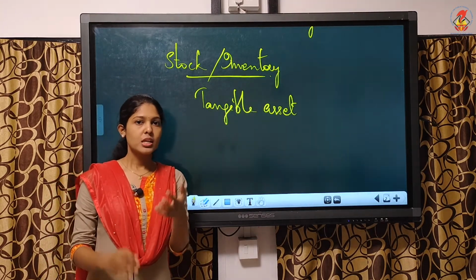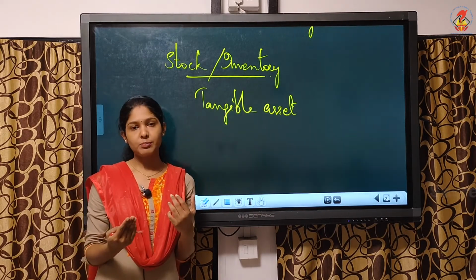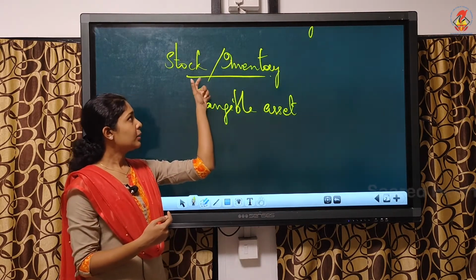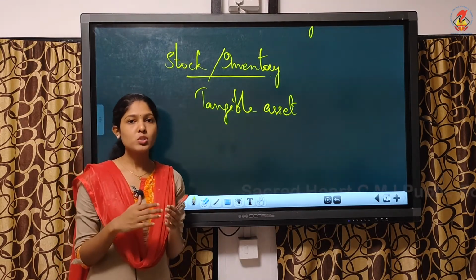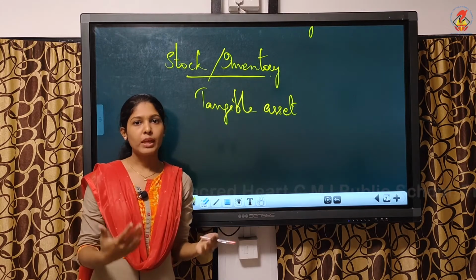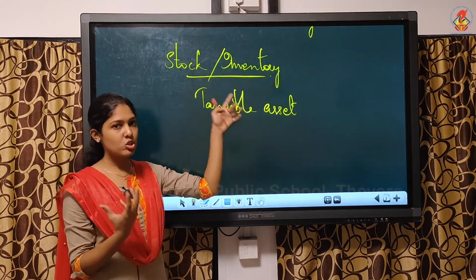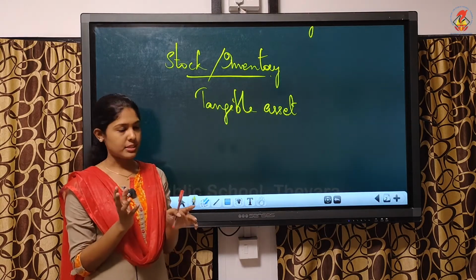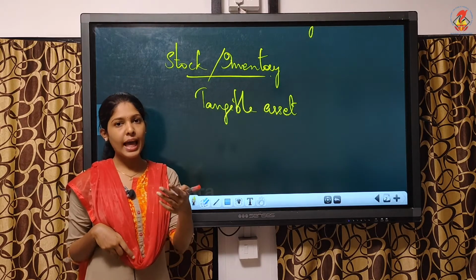What is current asset? Which will be converted into cash within a period of 1 year. We will not be holding stock for more than a period of 1 year, because we have to convert it into cash, then only you can increase your sales. So basic nature of stock is a current asset, but it is tangible in nature because which we can see and touch.